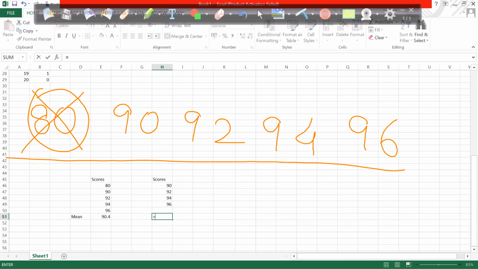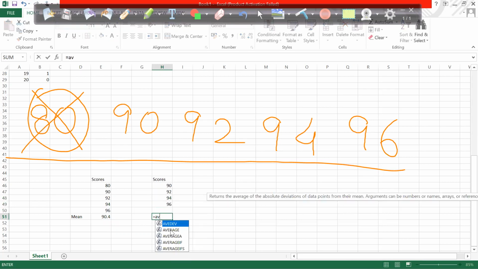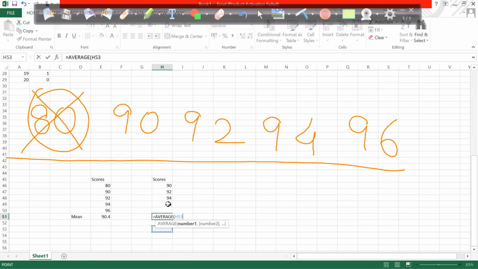And these are the new scores. And I want to see what will be the changes because of removing Monali's score.